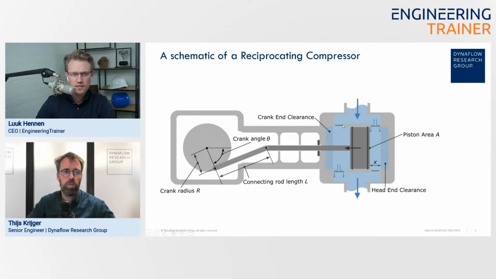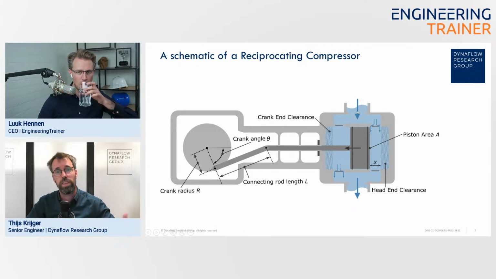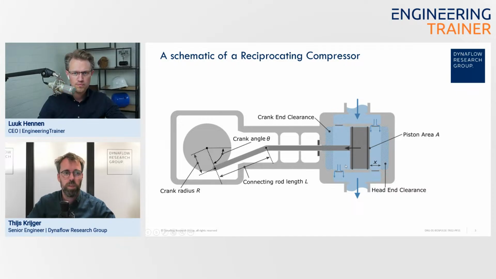Those are what we call the suction valves. They're on the suction side, and they open to let gas into the cylinder. And here at the bottom you have two more check valves, and they will open to let gas at high pressure escape from the cylinder into your discharge piping.